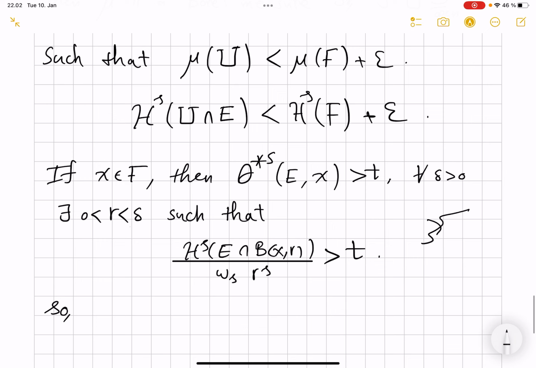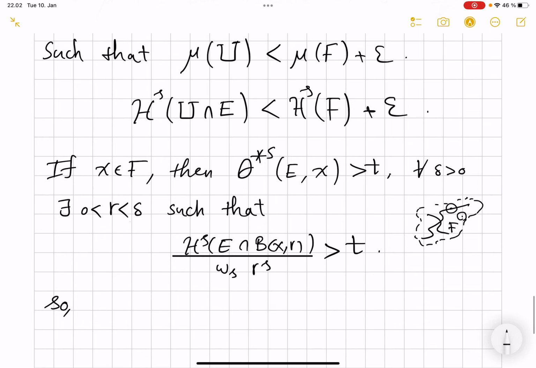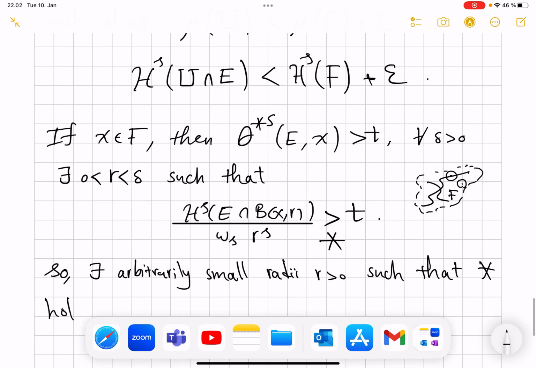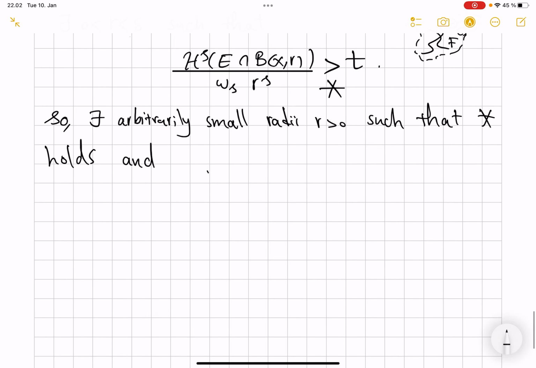Because we can choose these radii arbitrarily small, we also can remain within U. So here's some set F, and here's some open U containing it. At every point here, because it's an open set, there are some radii which remain inside U. So we can do both of these things together: there are arbitrarily small radii R such that, let's call this star, star holds, and at the same time this ball of radius R around X is contained inside the open set U. This follows from openness of the set.